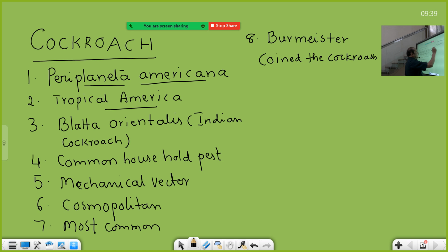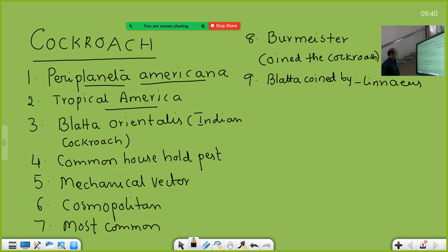But our Indian cockroach Blatta was coined by the scientist Linnaeus. You all know pretty well, Linnaeus is the father of taxonomy, who wrote the book Systema Naturae. Already we have given all these things. So Blatta was coined by Linnaeus, but Burmeister coined Periplaneta americana.